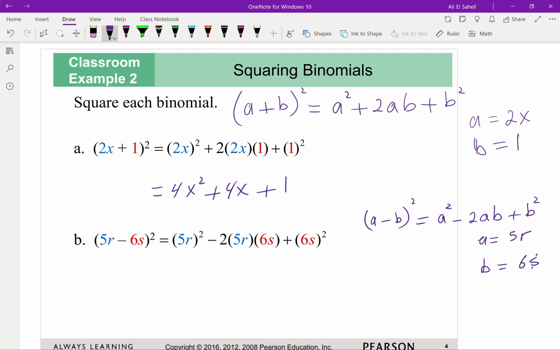So 5r squared: 5 squared is 25, r squared, minus 2 times 5 is minus 10, times 6 is minus 60, minus 60 r times s, plus 6s squared: 6 squared is 36, and you have s squared. It cannot be simplified further.